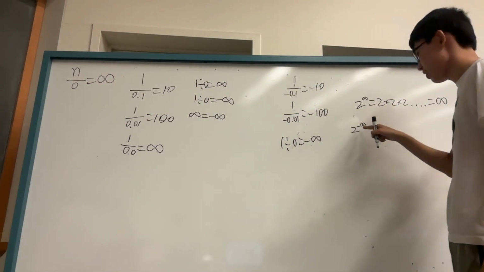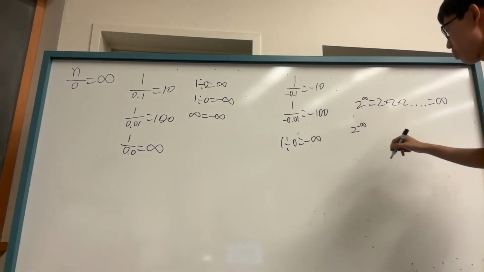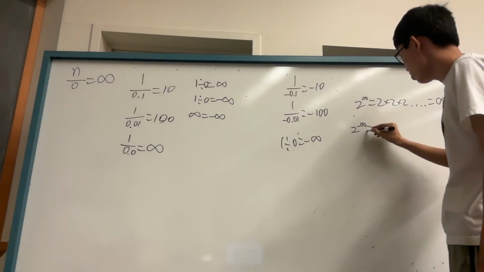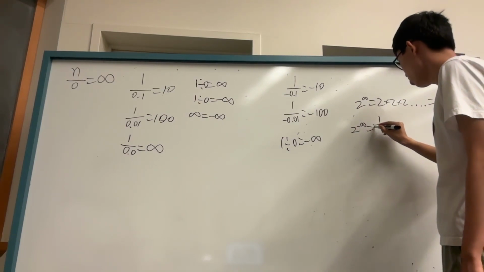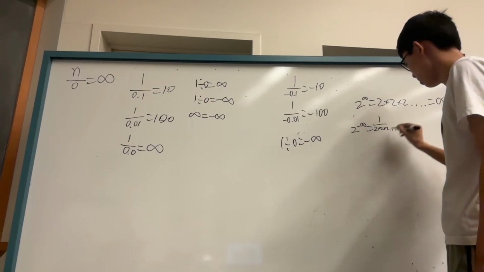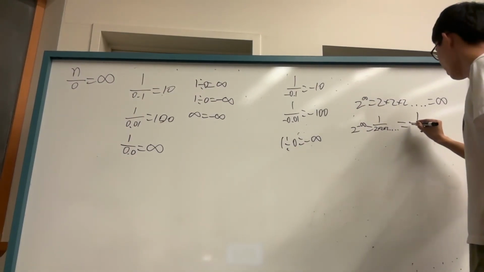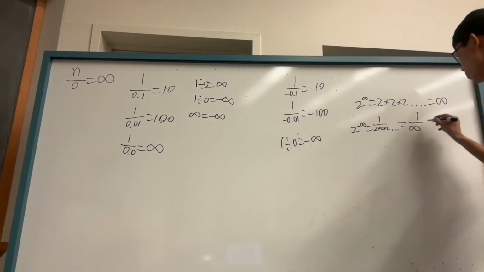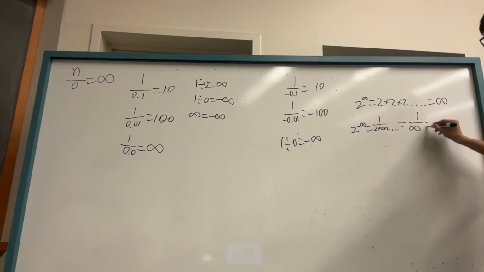And a negative sign in the exponent means reciprocal. So this should be 1 over 2 times 2 times 2, which should be equal to 1 over infinity. 1 divided by an infinitely big number will be 0.